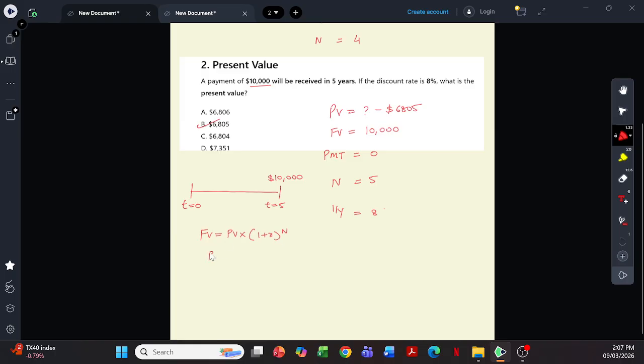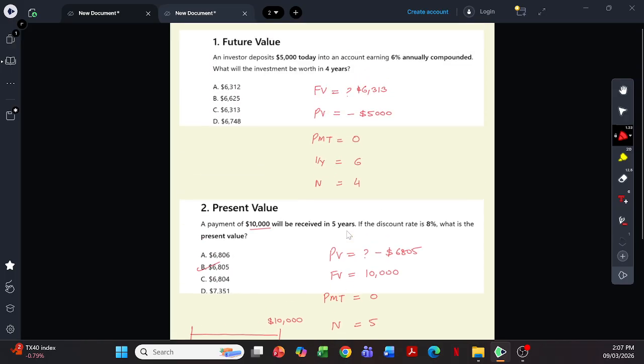So to find the present value, we can simply rearrange the equation and say that it's going to be future value divided by (1 plus r) to the power n, where the future value is 10,000 divided by 1.08 to the power 5. Okay, so if you were to calculate manually, this is how you would do it.